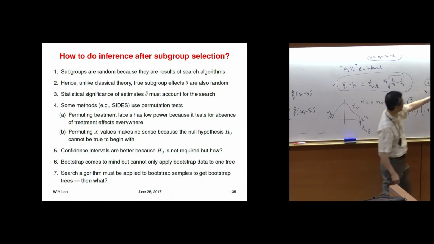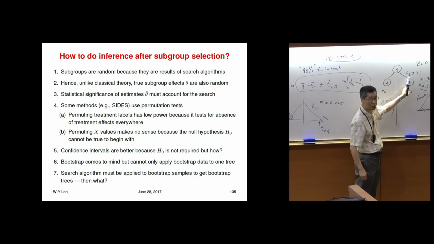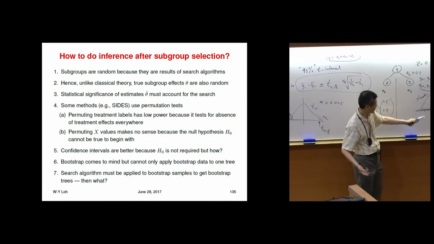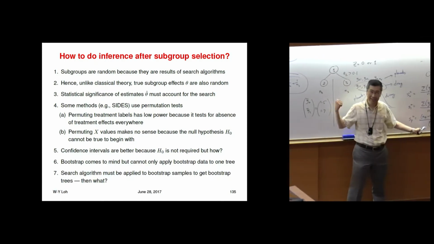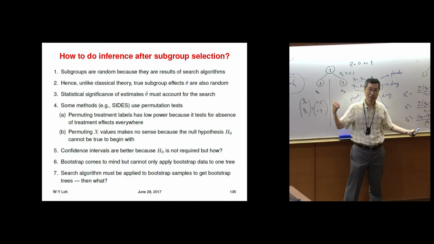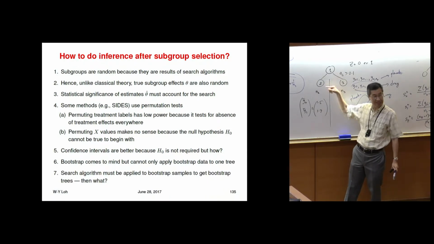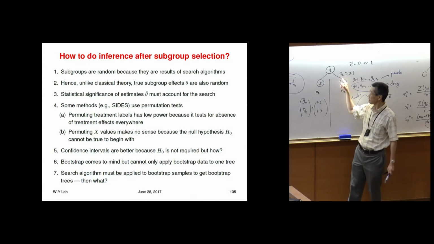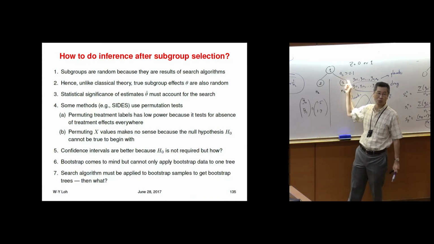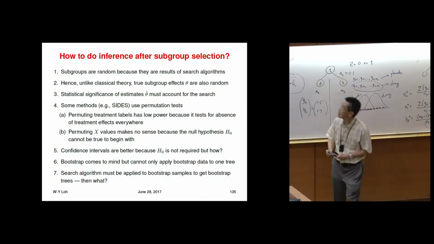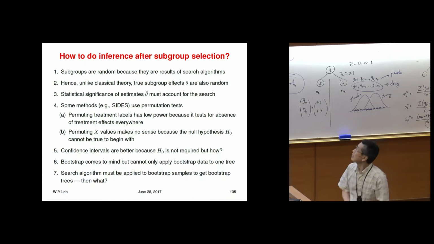But the variance of this does not take into consideration the variance of choosing A2 and the variance of choosing 0.1. This variance here is only based on the data at the end of the algorithm, right? There must be variance here because there must be uncertainty here, right? Even if you choose A2 correctly, how do you know this 0.1 is the right place? So that's a difficulty there.